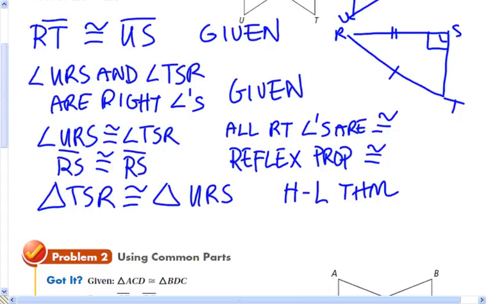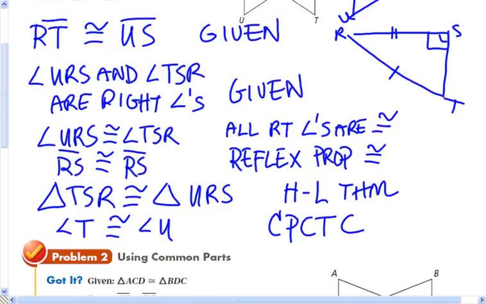And since those two triangles are congruent, the corresponding parts are congruent. So angle T is congruent to angle U. And that's because the corresponding parts of congruent triangles are congruent.